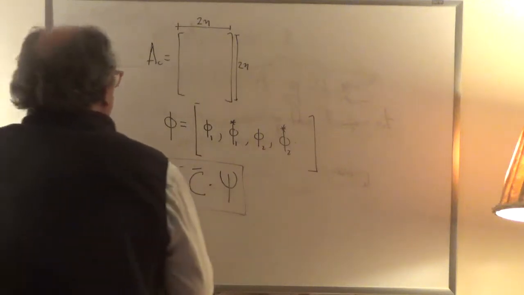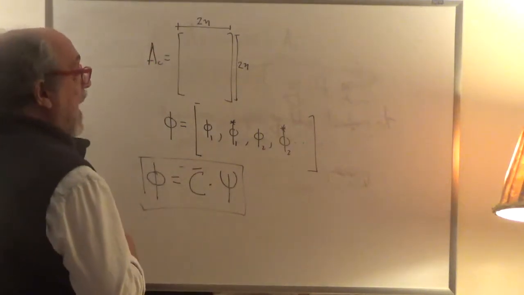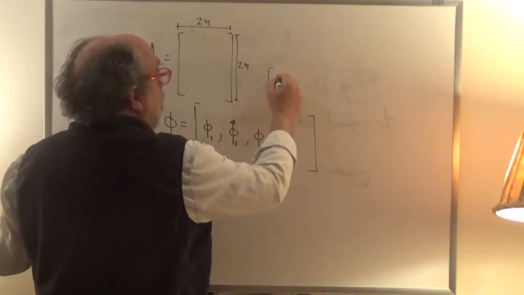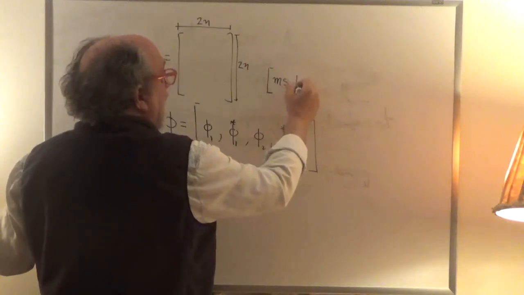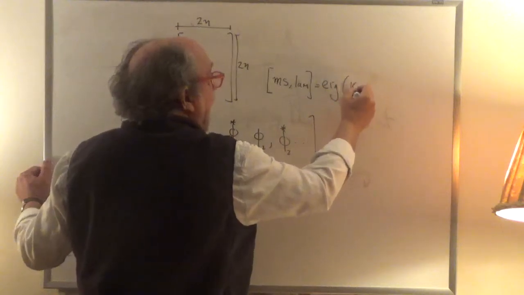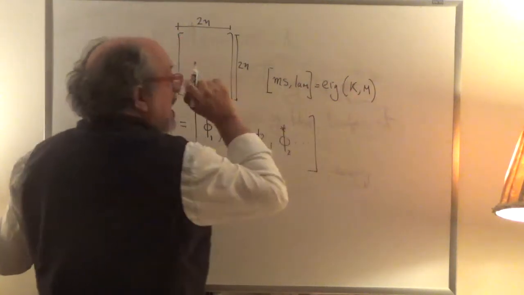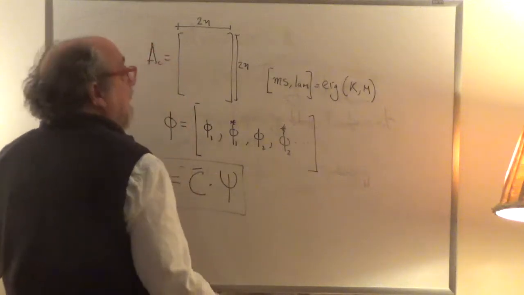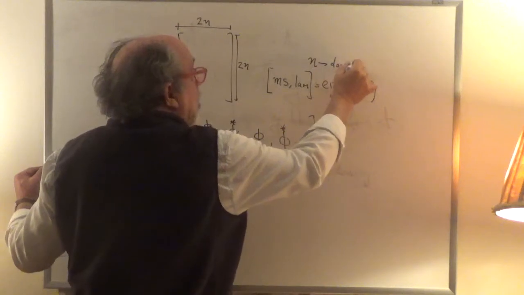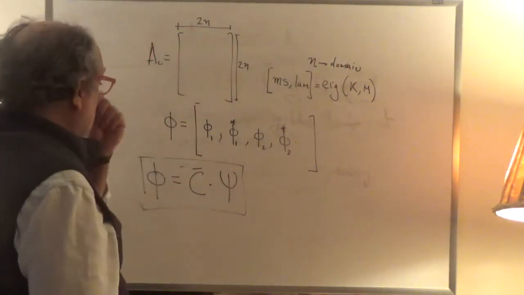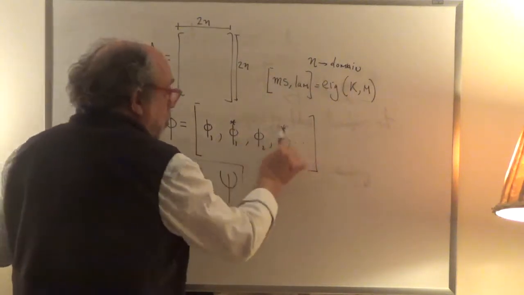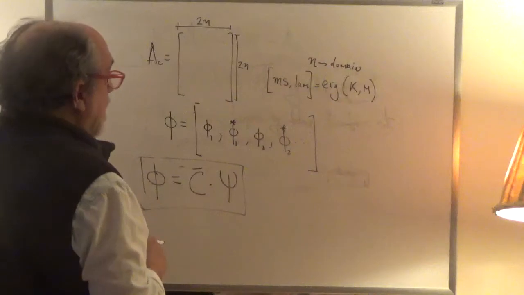Now, when you calculate the eigenvalues and eigenvectors in terms of k and m, that you say, for example, mode shapes and lambda is equal to eigenvalues of k and m only, you are in this case operating in the n domain, right? Not in the 2n. So the mode shapes of the k and m are only half of these conjugates.